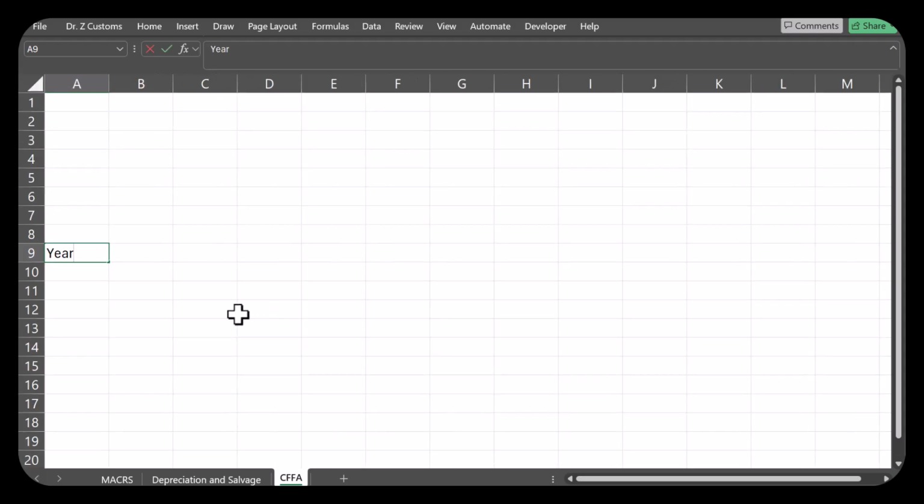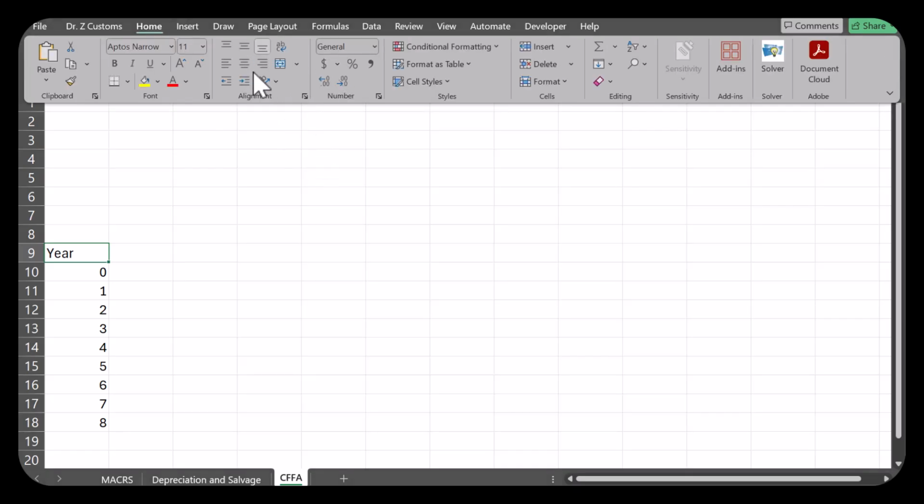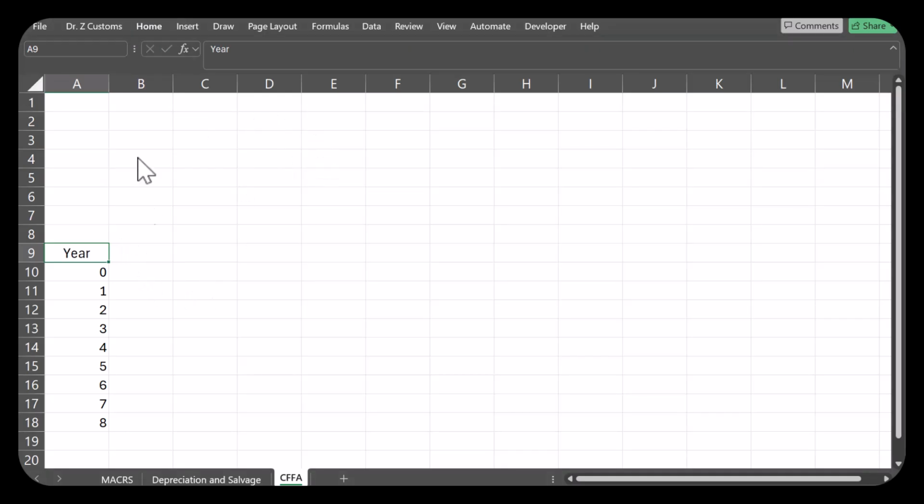Let's start with year 0, 1 through 8. Okay. Cost of factory, cost of machine equipment.